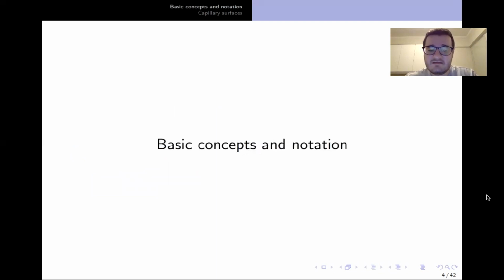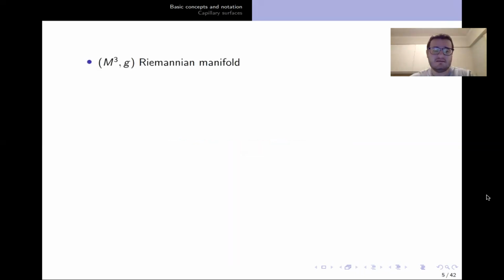In this first part, I'll present some basic concepts and notation concerning Riemannian geometry and differential geometry. In the remainder of the talk, we will be treating surfaces in three manifolds.